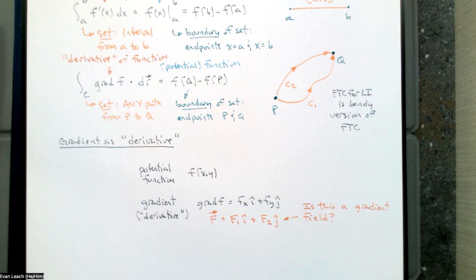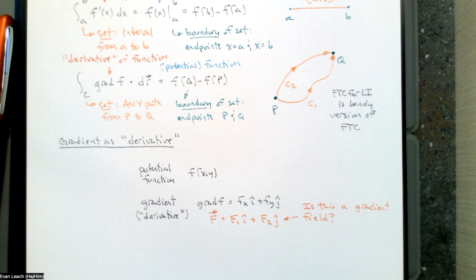So when we're starting here with the derivative, we're asking ourselves, is this a gradient field? Is there some potential function for which this is the gradient? Can we integrate this?